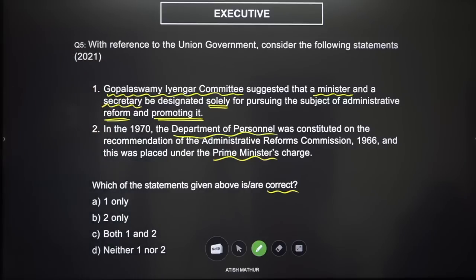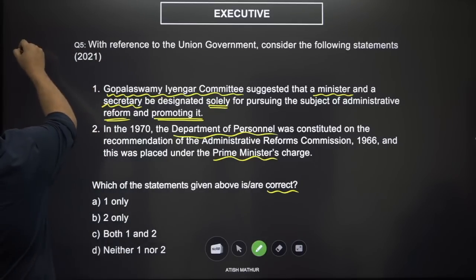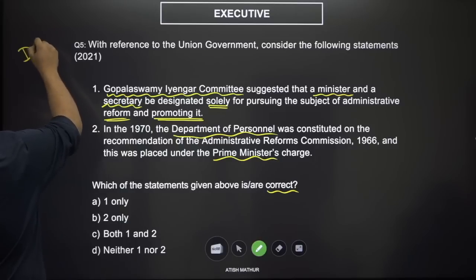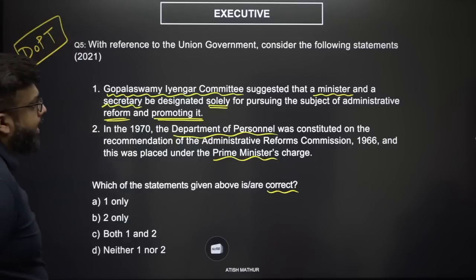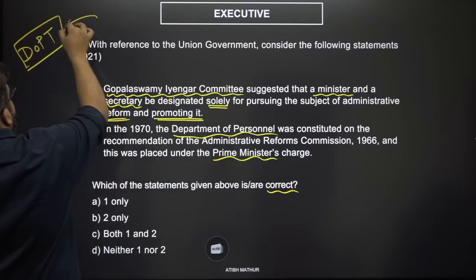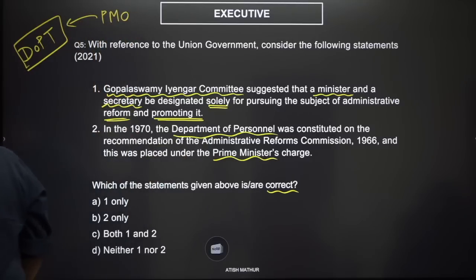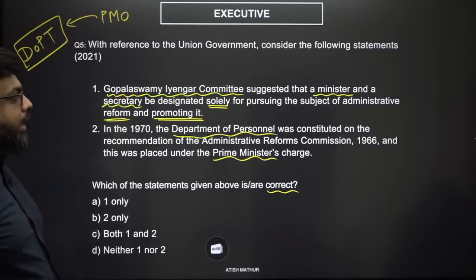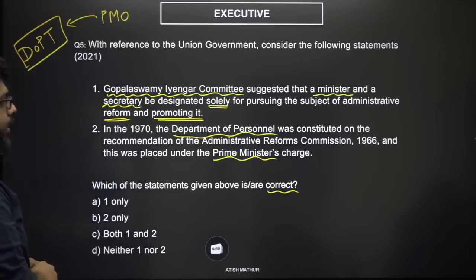Let us see what we know about this in the first place. We know that there is something called the Department of Personnel and Training, DOPT, and we know that the DOPT is under the Prime Minister's office. Now, let us see how this works.